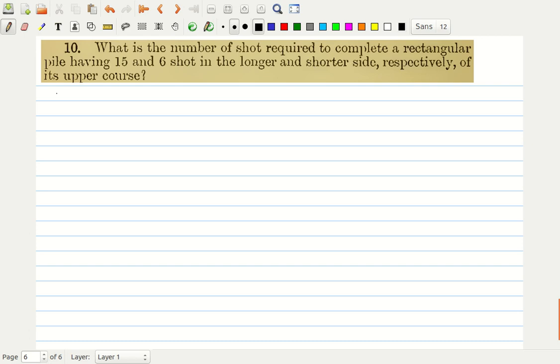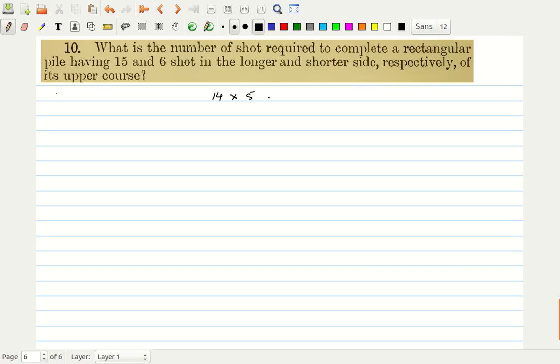So we have already been given the upper course. Now we have to find how many balls we need to complete this rectangular pile. Obviously we need a complete rectangular pile of 14 balls in the longer side by 5 balls in the shorter side.